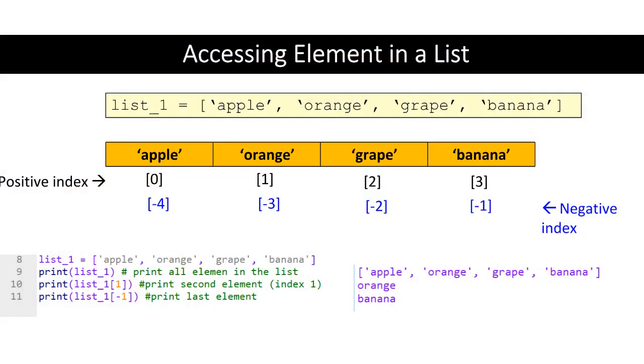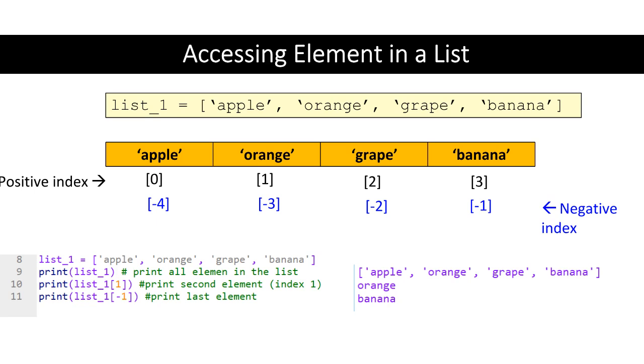In this example, we see how each item in the list corresponds to a specific index. Using these indices, we can easily access or manipulate elements within the list. Let's analyze the code step by step. First, we define list_1 equals apple, orange, grape, banana, then print(list_1) prints the whole list.